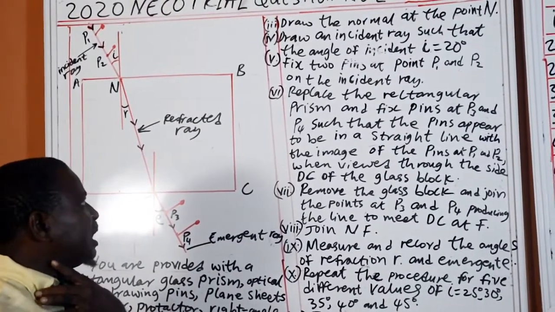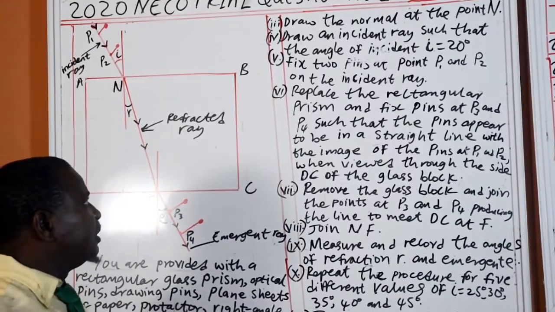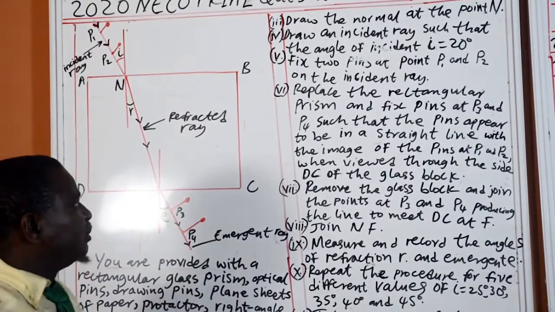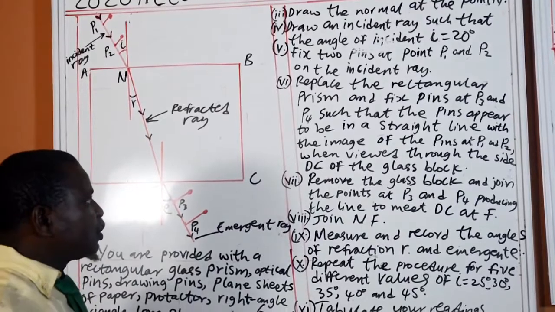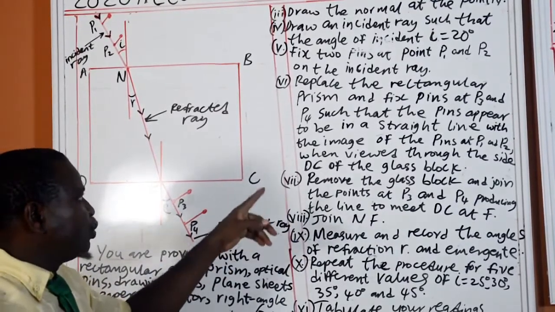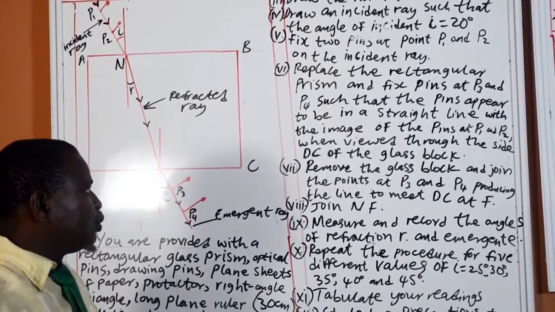Fix 2 pins at points P1 and P2 on the incident ray. Replace the rectangular prism and fix pins at P3 and P4 such that the pins appear to be in a straight line with the images of the pins P1 and P2.